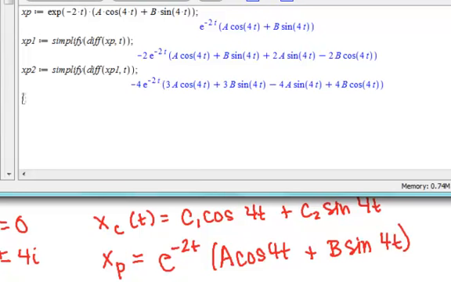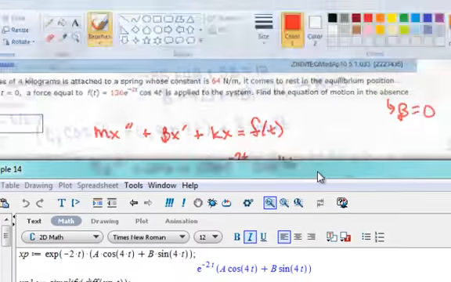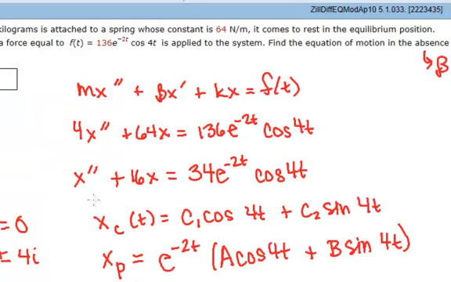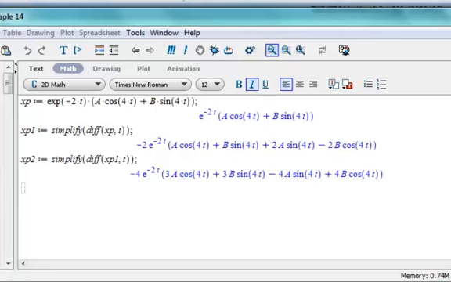And then we plug that back into the last form that we had. Once we got it in standard form, what we want is x double prime plus 16x. So we would do xp2, that's the second derivative, plus 16 times xp.